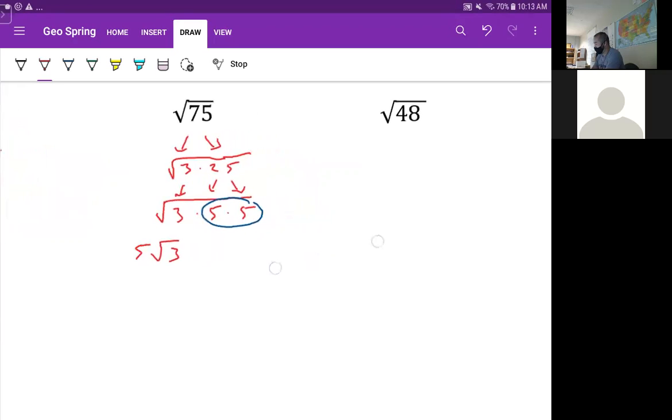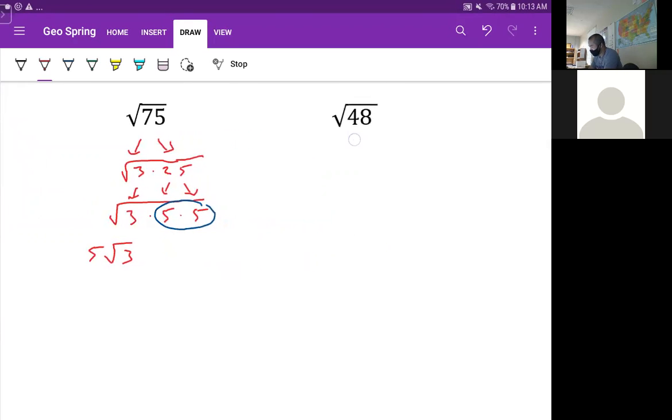You have this 48. 48 breaks down into 2 and 24. 24 breaks down into 2 and 12.